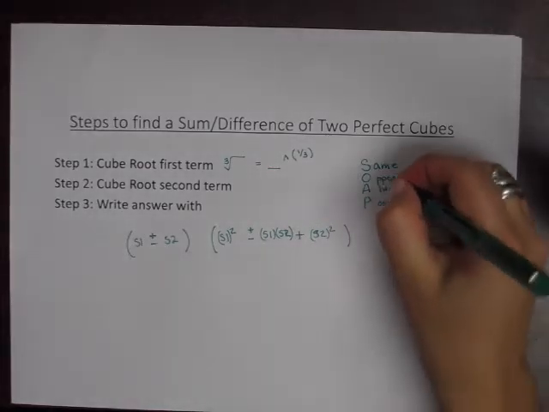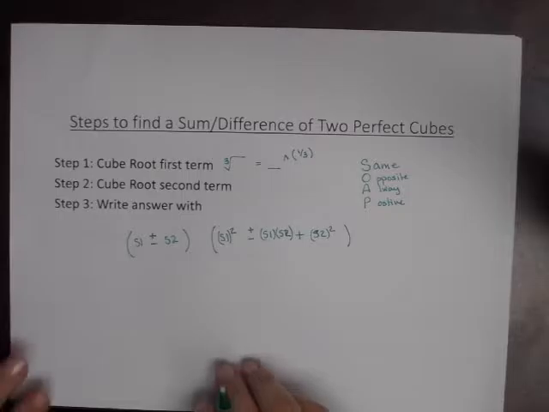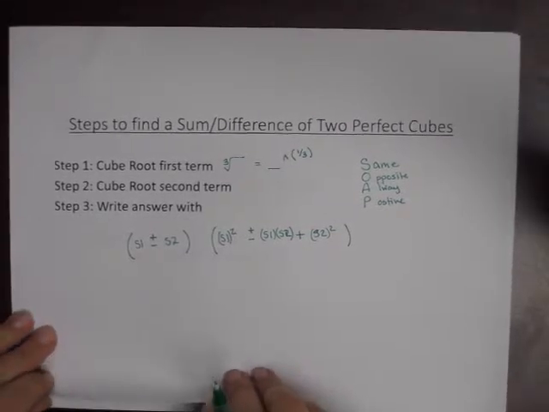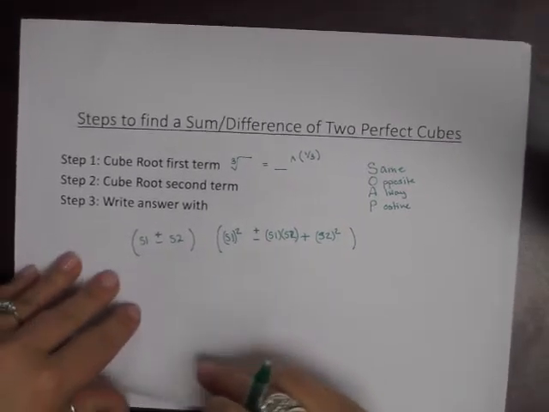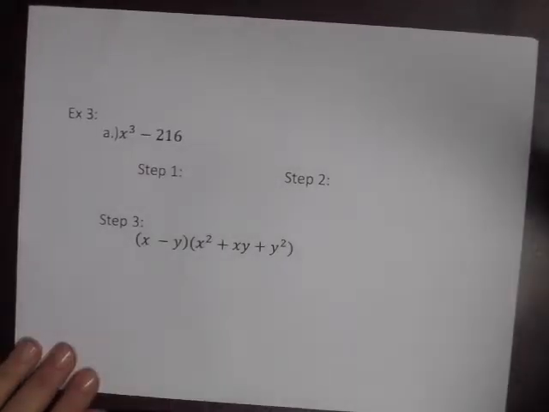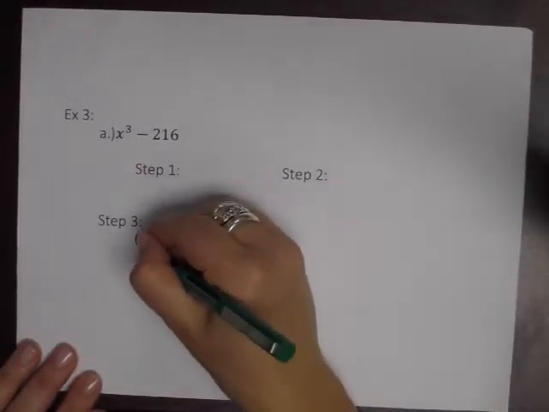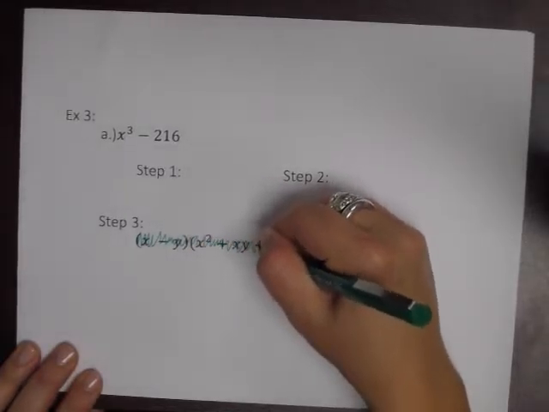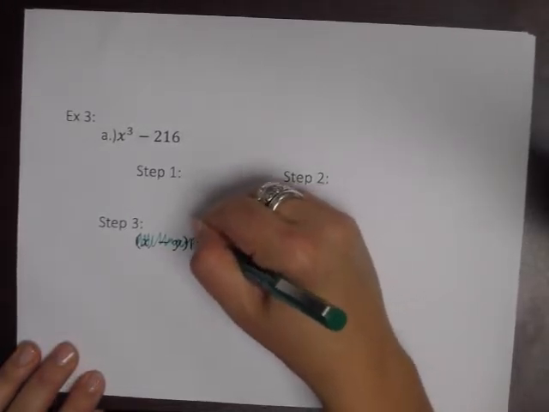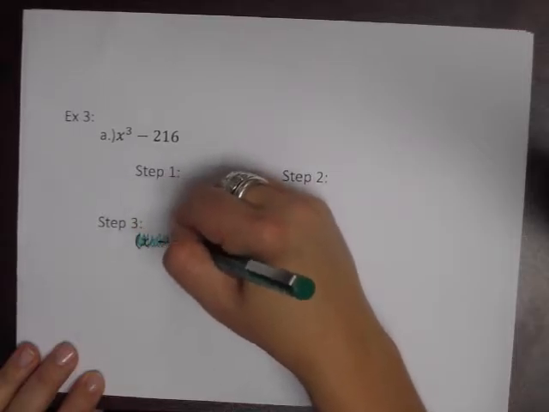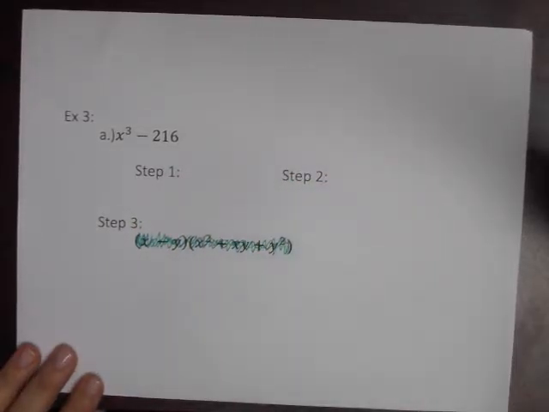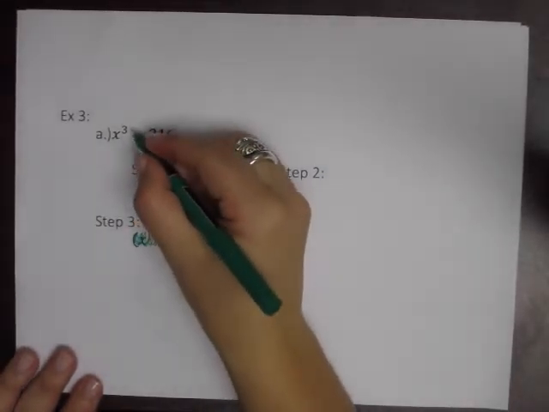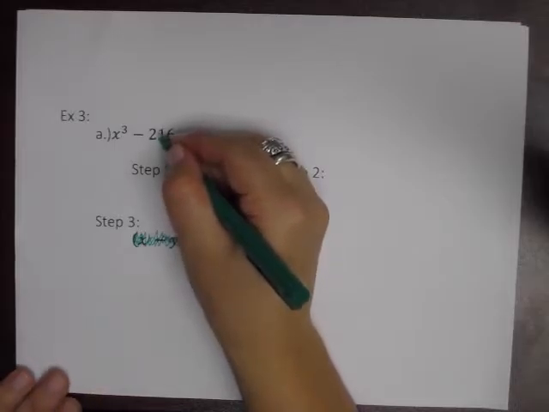Okay, but you want to remember same, opposite, always positive. Okay, so before we start the next one, I want you to cross out this, because we're going to talk through it, and I guarantee if you can talk through it, then you're going to be a-okay. Alright, so I've got x to the third minus 216.